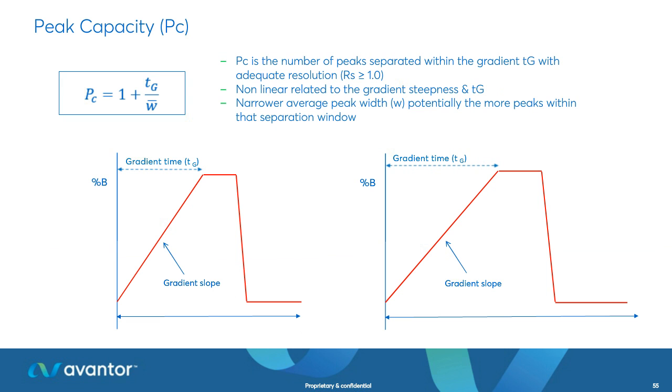We have here also consideration of the gradient, and I'm not going to dwell on this because I've already said flatter, less steep gradients are better for increasing the peak capacity in a protein or peptide separation. So do try and go for a flatter gradient slope when you're working with these types of molecules.